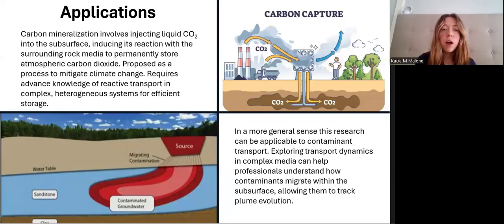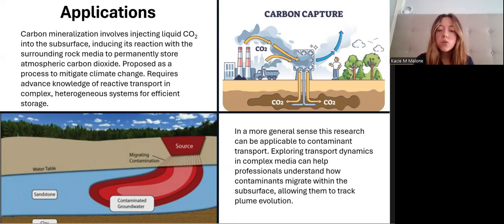This is just outlining different applications that this research can have in more real world instances. Understanding reactive transport in natural, complex, heterogeneous systems can help for efficient CO2 storage in carbon mineralization processes that are being prospected for mitigation against climate change.